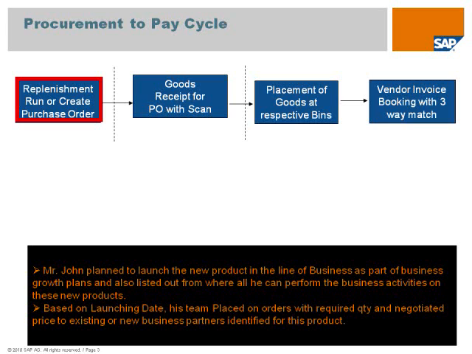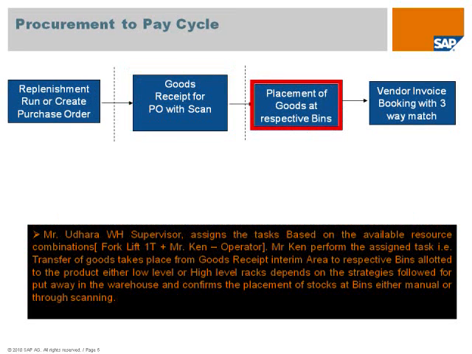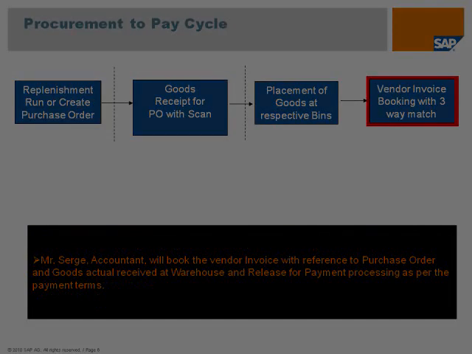Once you receive the stocks in the warehouse, you need to place the goods at your respective bins. Once you place them in the bins, we have stocks available in your warehouse.